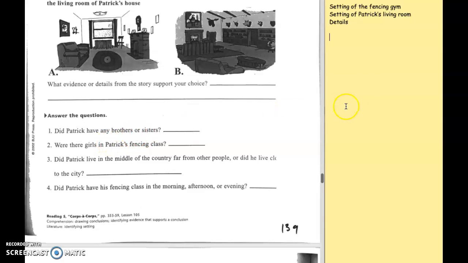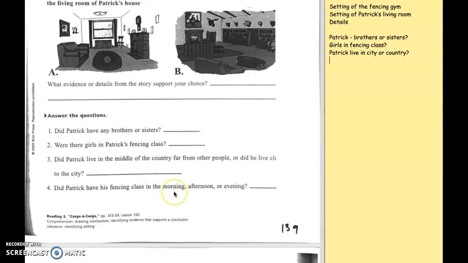Did Patrick have any brothers or sisters? So we need to find that. Were there girls in Patrick's fencing class? We need to pay attention to that. Did Patrick live in the middle of the country, far from other people, or did he live close to the city? So we need to find that.